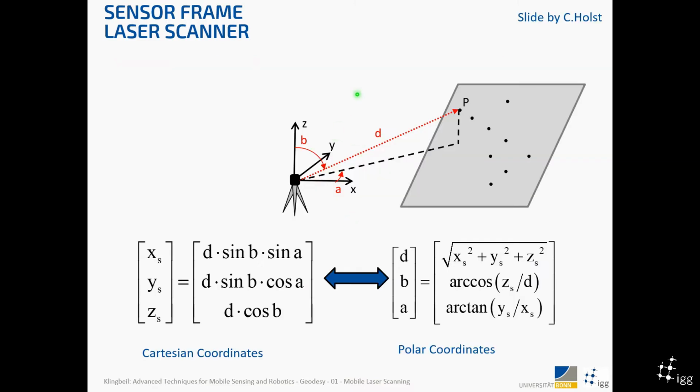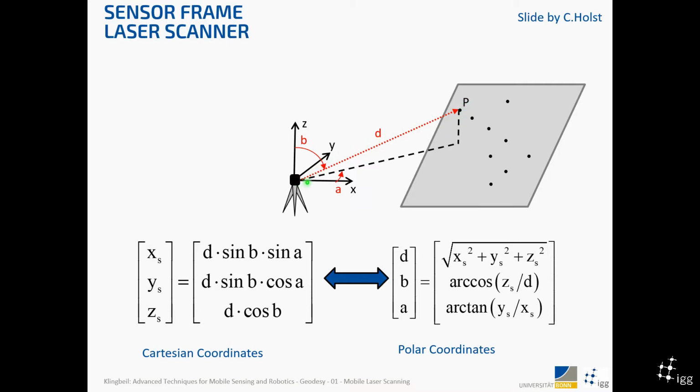In the laser scanner, in a 3D panoramic scanner, it looks like this. Here is the scanner, and what we have is measurements. The observation of a scanner is a distance measurement, right? It measures very precisely the distance between the scanner and some reflecting surface in the environment.